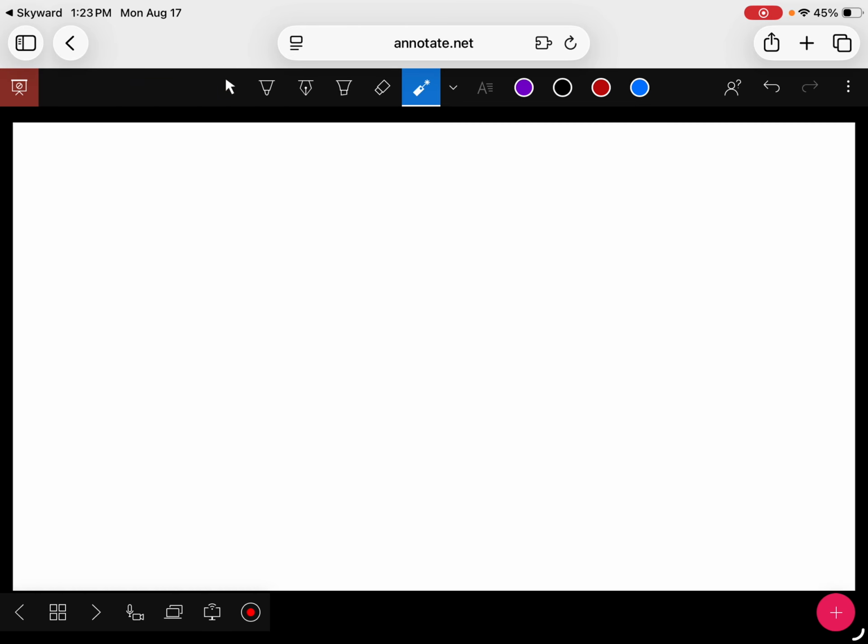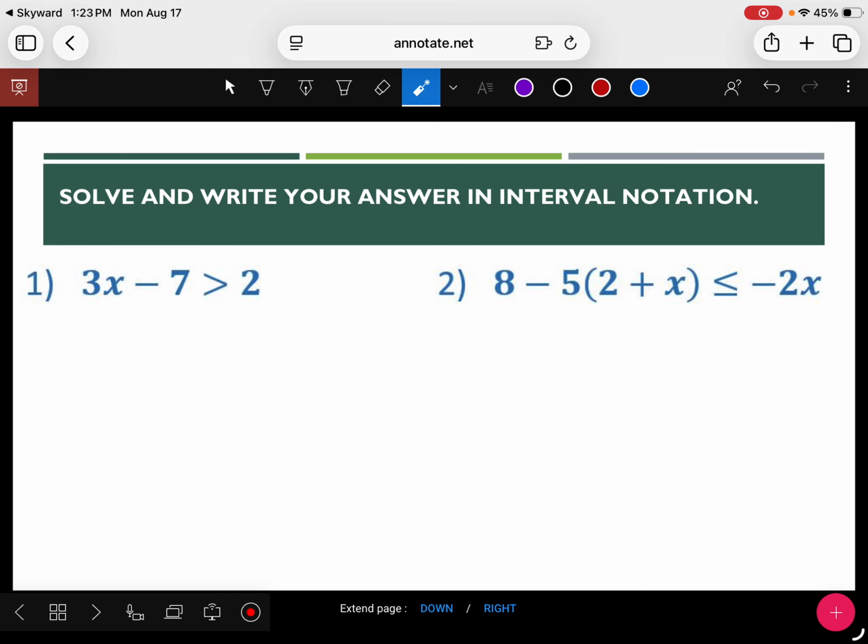All right, last one for the day. We're only going to do number 1 and we're going to end there. When you're solving an inequality, when do you flip the sign? When something is negative. Okay, we're on the right track. I think I heard somebody say it.